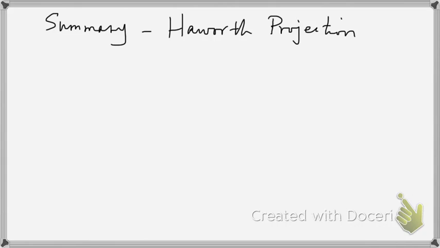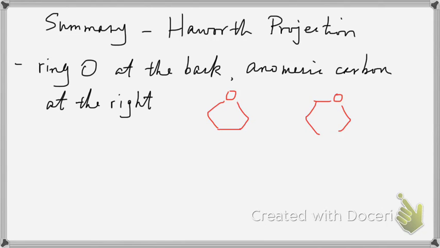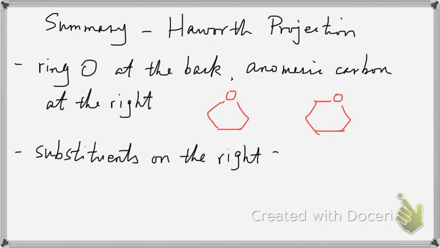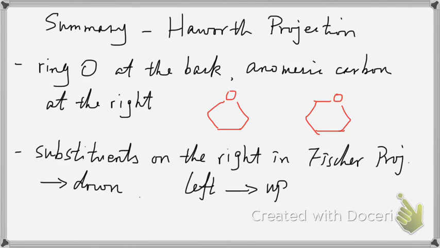Now let's summarize how to draw the Haworth projection from the Fischer projection. The ring oxygen will be at the back and the anomeric carbon at the right. So we only have two forms, the 5-membered ring or the 6-membered ring, and what's shown here will be the only forms for the Haworth projection. If the substituents are on the right in the Fischer projection, they will be pointing down.